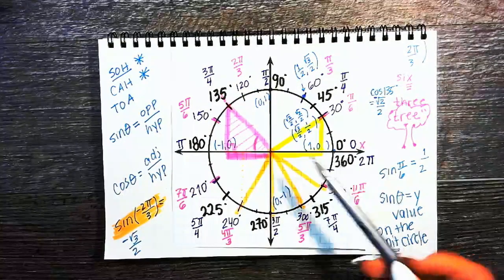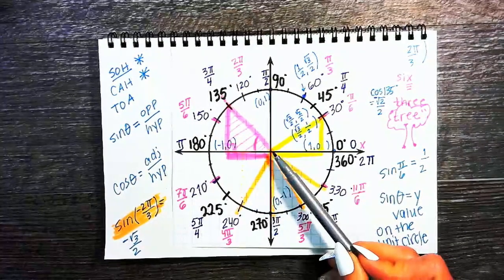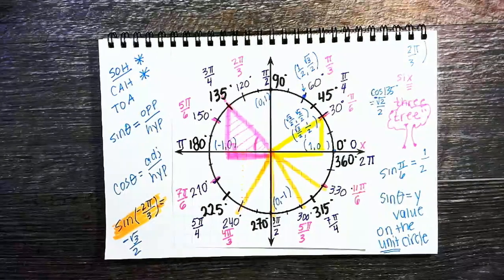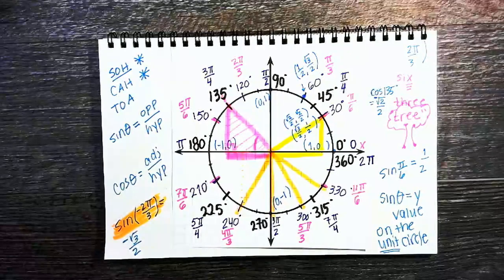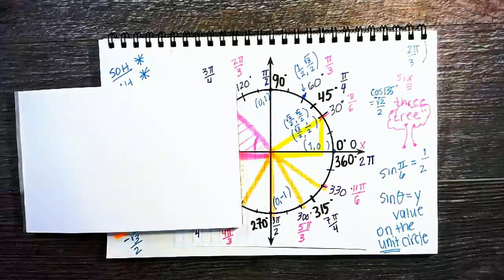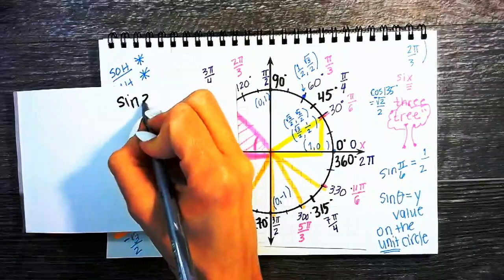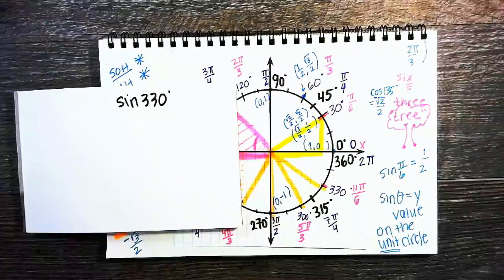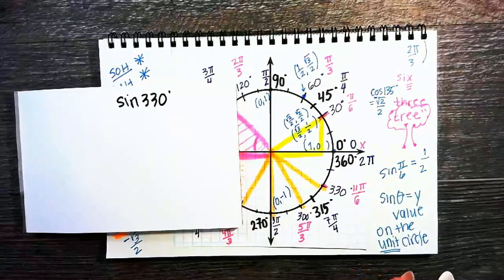I'm going to go over a couple more before we call it a day. What is the sine of 330 degrees? Now, if you have your circle in front of you with your ordered pairs labeled all the way around it, it's probably going to be the fastest way for you to learn right now.